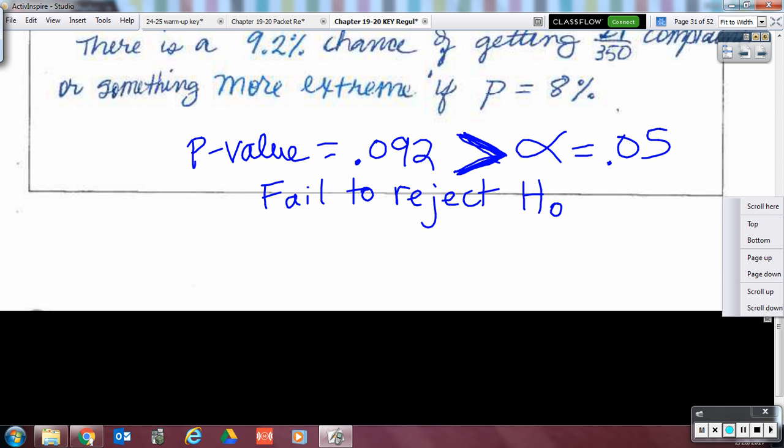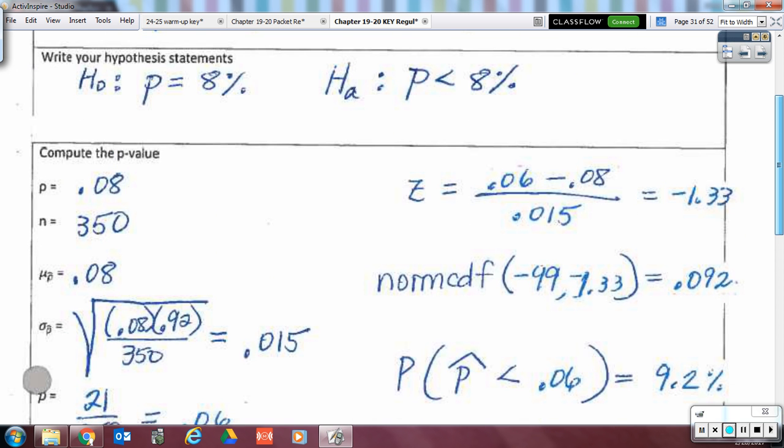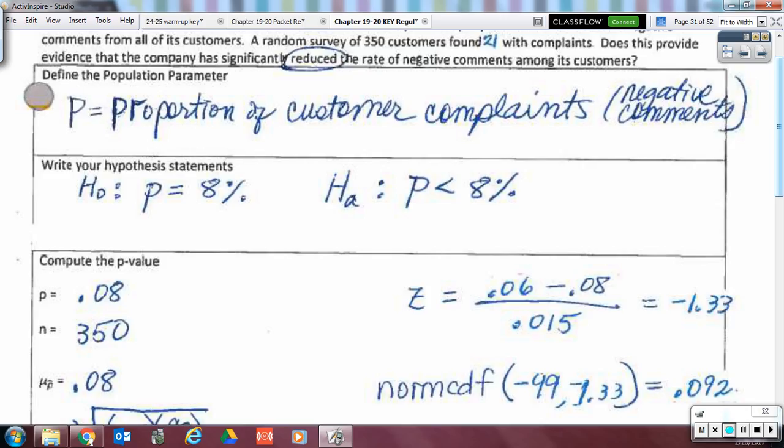Let me let you think about this. I am not rejecting this. I'm putting a dotted line around this because just because I am not rejecting it doesn't mean it is true. Does it mean it is true? Can you say the null hypothesis is true?